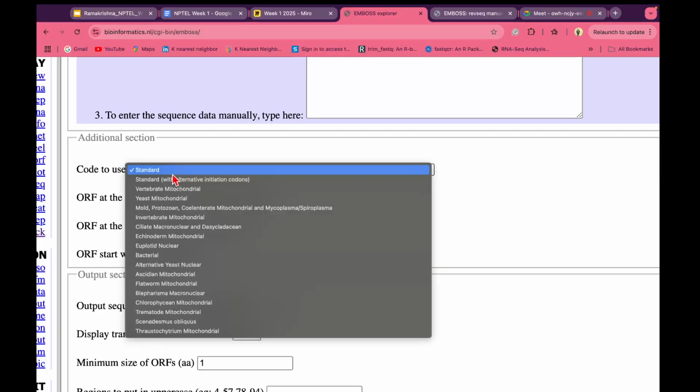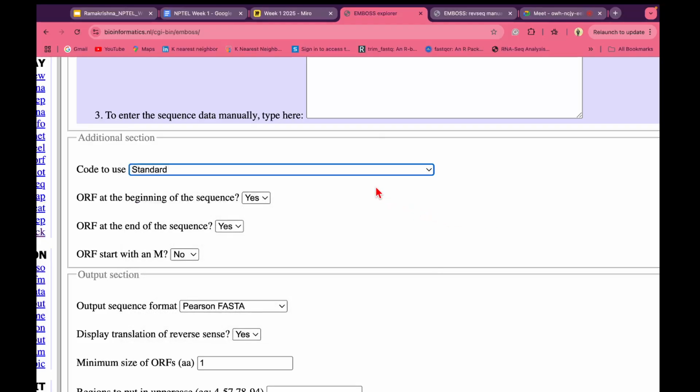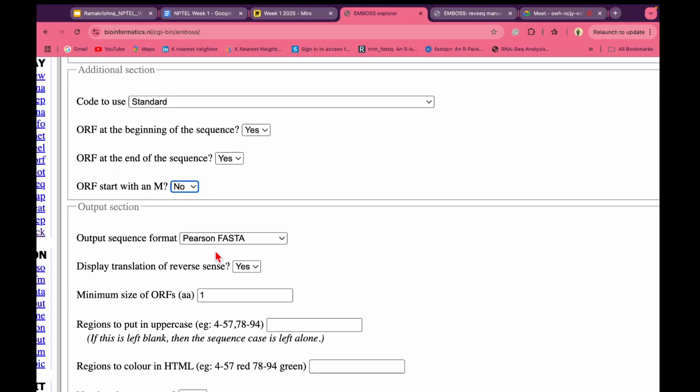If there are organism-specific codes as well, they understand their own organism-based translational recognition elements. Followed by that we have other options to mention ORF at the beginning of the sequence, ORF at the end of the sequence, and whether to start with M, that is the methionine start codon, or not.